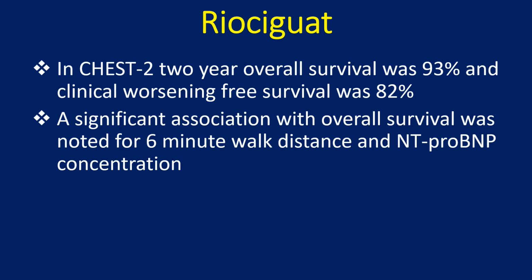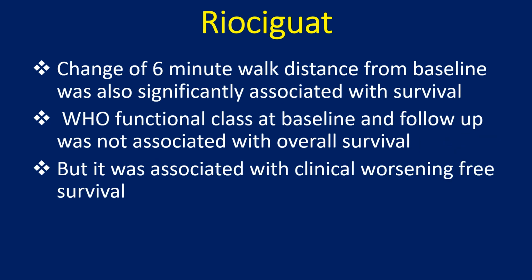A significant association with overall survival was noted for 6-minute walk distance and NT-proBNP concentration. Change of 6-minute walk distance from baseline was also significantly associated with survival. WHO functional class at baseline and follow-up was not associated with overall survival, but it was associated with clinical worsening-free survival.